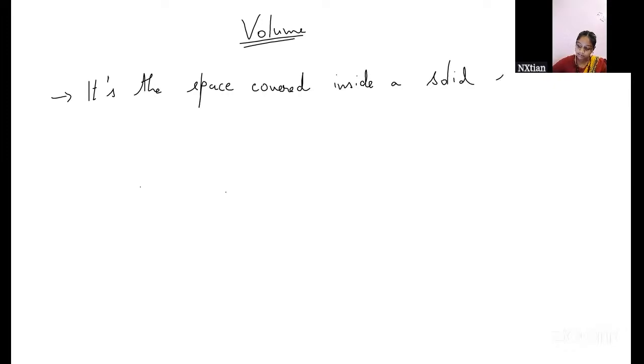Now, talking about the volume, we are going to start with the first figure, that is the volume of a cuboid. Now, let's make a cuboid.